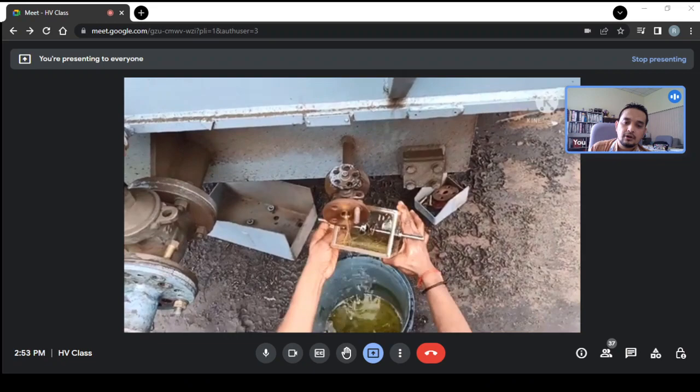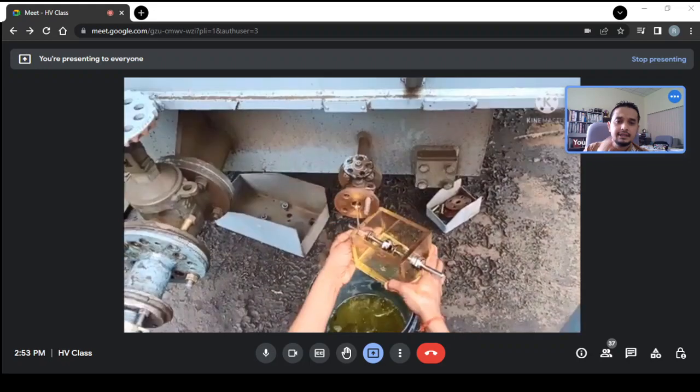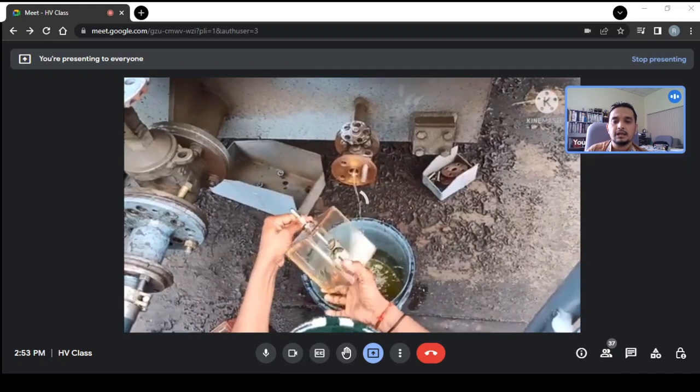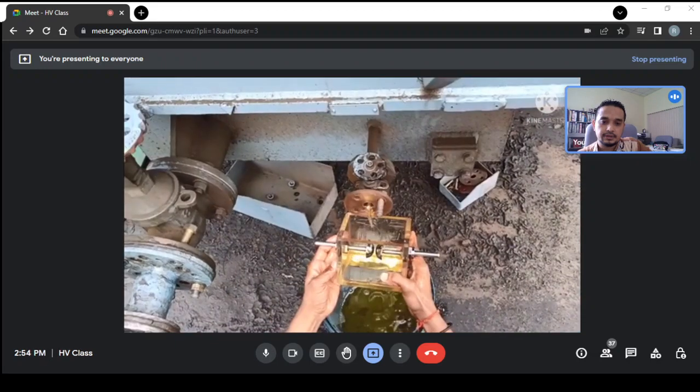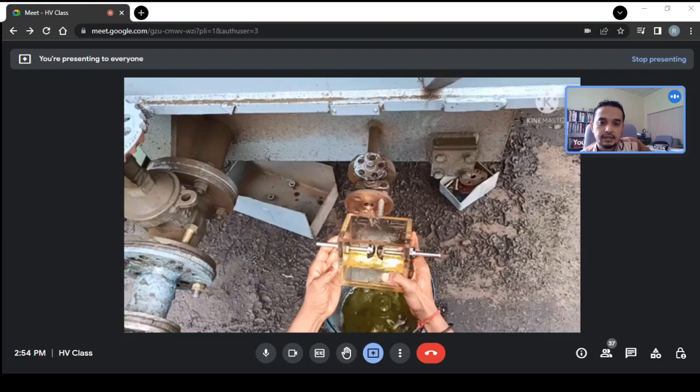First, you need to have the container, and then you need to wash the container with the insulation oil from the transformers, and then you need to fill up the container full with the transformer oil, to make sure it is fully covering the electrode. This researcher tries to fill it up with the transformer oil.